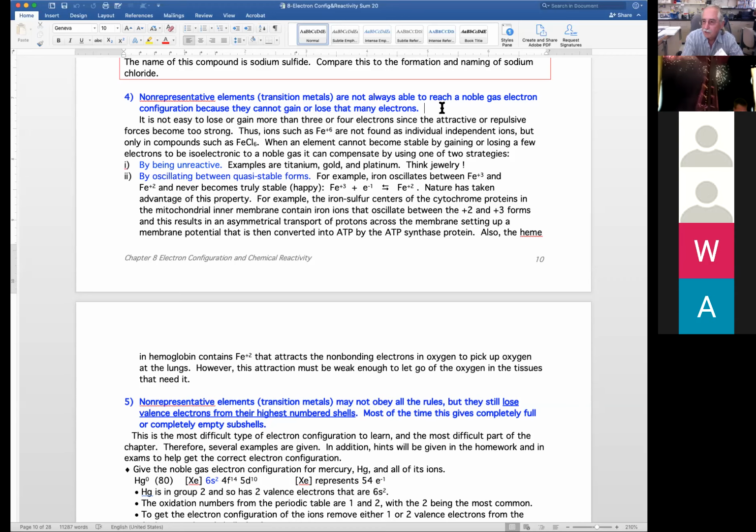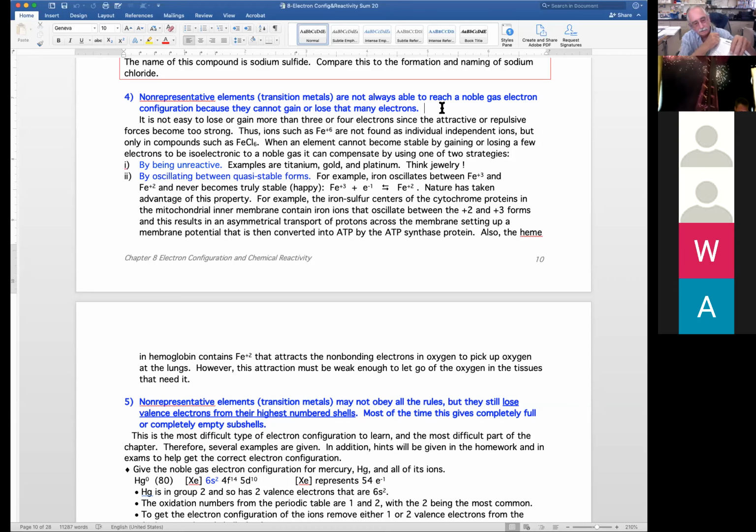The positive charge is making it that much harder for me to pull it away. So the result is I can take 3 electrons away sometimes, maybe at the maximum even 4. After that, I cannot take any more away. The attractive force is just too strong. There's no way iron is ever going to be able to lose enough electrons to become like a noble gas.